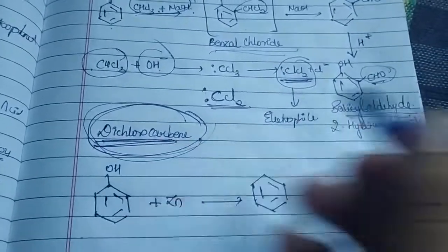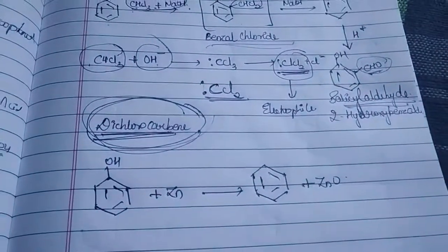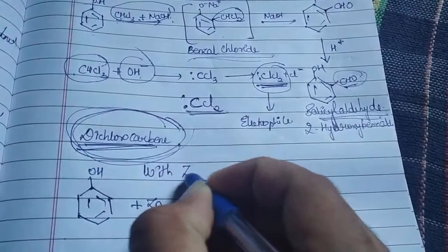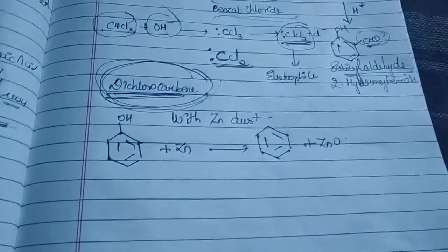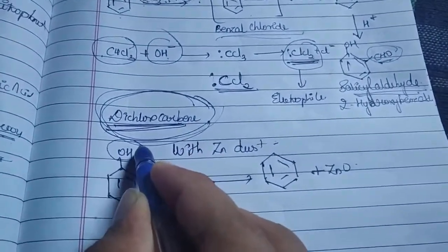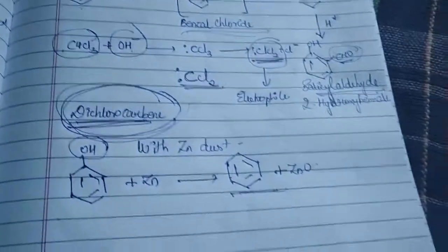So they can ask you what happens when phenol is treated with zinc dust, or sometimes this will come under the concept of with zinc dust. Nothing much happens. Your phenol loses its OH, and whatever remaining part is there, that is benzene, will be obtained.